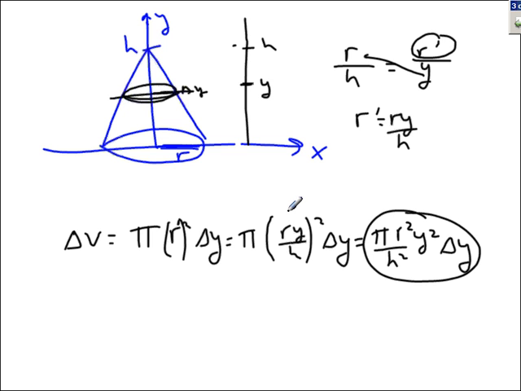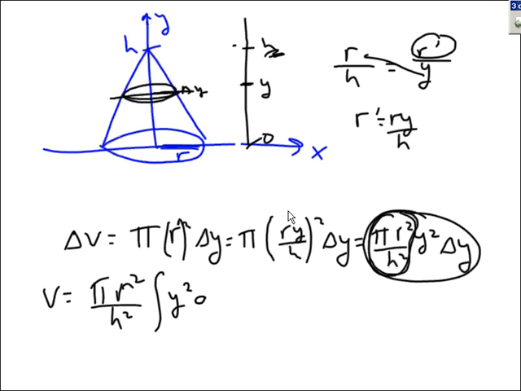That's what we want to integrate from 0 to h. So the volume is, and remember, that piece right there is just a constant. It's pi r squared over h squared times the integral of y squared dy from 0 to h.